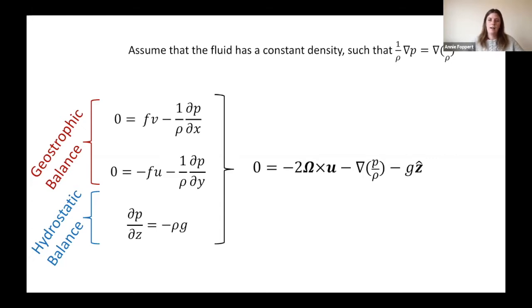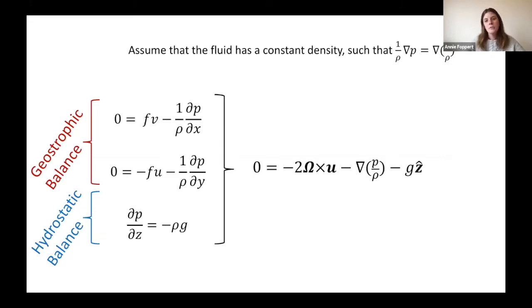Then I'm going to talk a little bit more about geostrophy itself, and then we'll go into thermal wind balance, which is the combination of these 2 balances together. Geostrophic and hydrostatic make thermal wind. We're going to start by looking at the geostrophic balance and showing the mathematical foundation for why these Taylor columns exist.